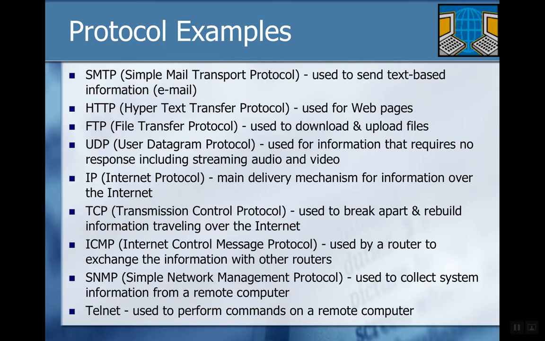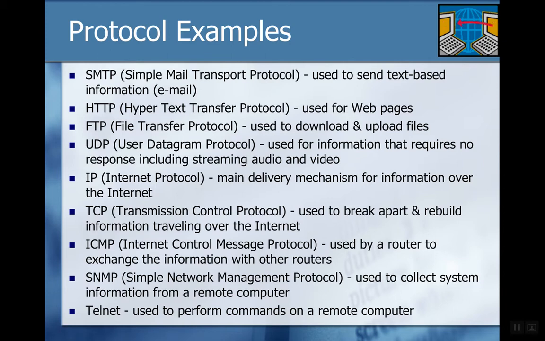All right. So there's a whole bunch of different types of examples of protocols. As we go through the list here real quick, SMTP is used for email, basically Simple Mail Transfer Protocol. HTTP obviously was introduced with the web, Hypertext Transfer Protocol, specifically for web pages. FTP, a very mature file transfer protocol used for upload and download of files.